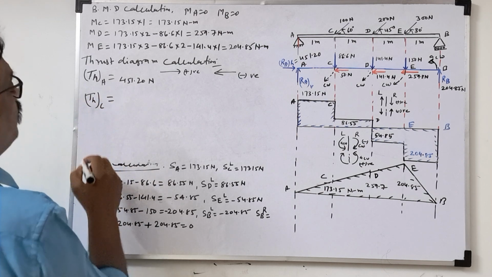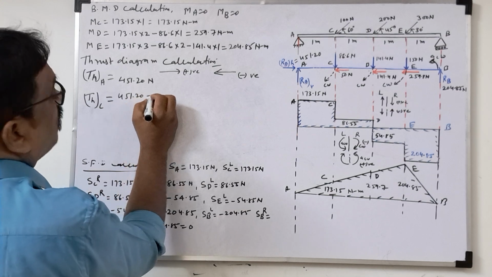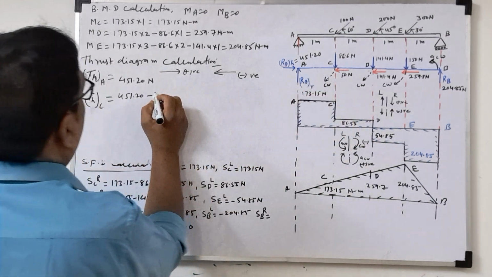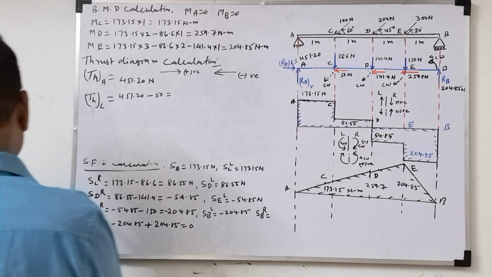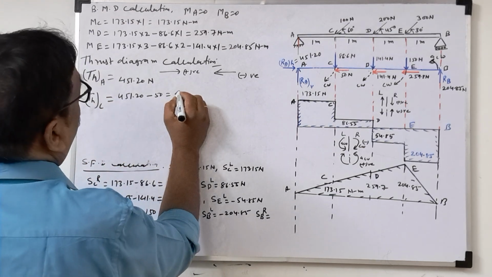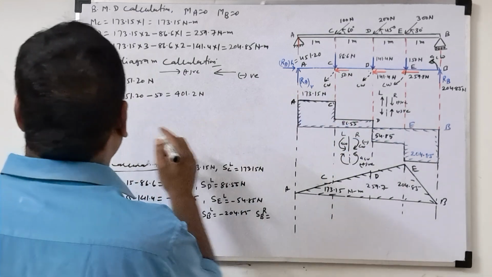THC, thrust force at C. How much? 451.20 minus 50. Minus 50, so it will come to 401.2 Newton.